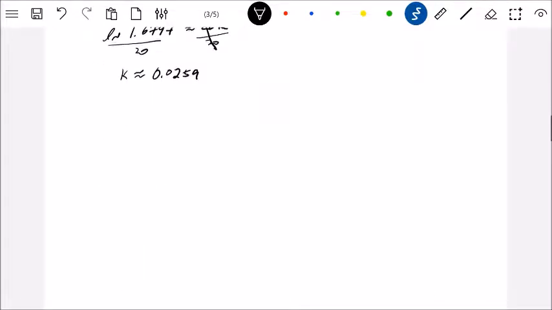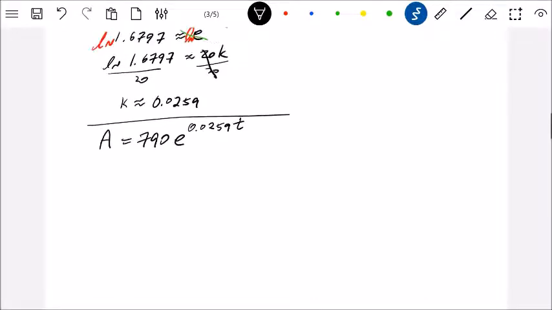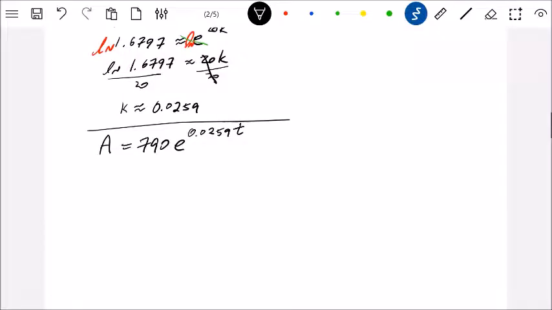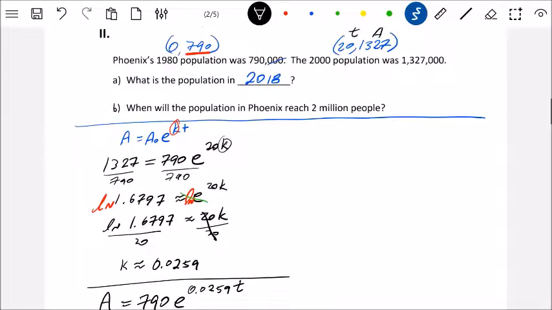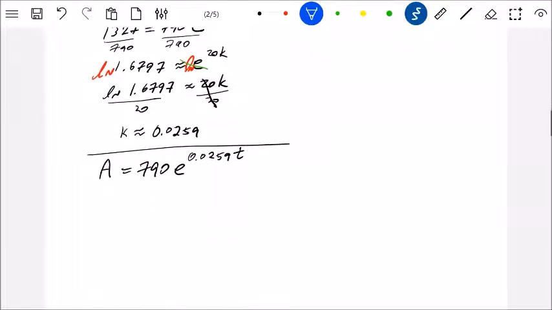Yeah, we have a good deal of space down here. So now I'm going to use A equals 790, E raised to the power 0.0259 times T. And that's what we are looking for next, is that the population of 2018 is 38 years after the 0th year.